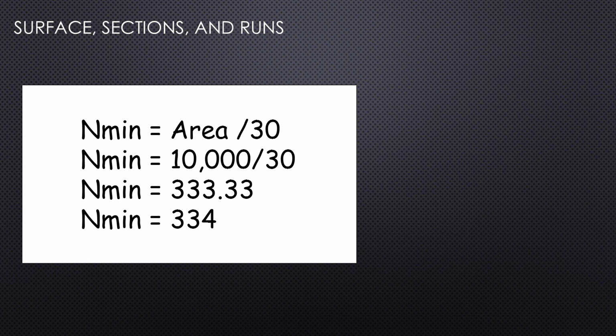Since the area is greater than 1,600 square feet, you're going to use the equation for n-min, which equals area divided by 30. 10,000 square feet divided by 30 is equal to 333.33. Round that up and your n-min is 334. If you want to collect 335, 338, 345 z-values, it's really your call. The big thing is you need to at least collect the minimum amount of z-values.